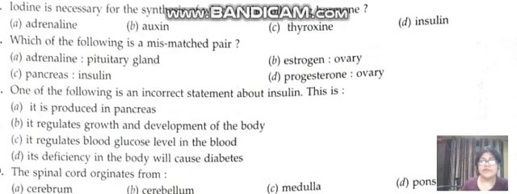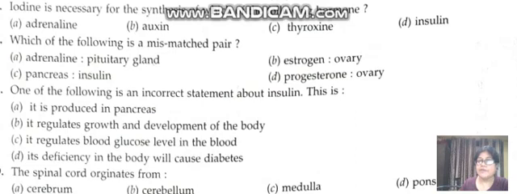Now next question, which one of the following is an incorrect statement about insulin? There are 4 options and we have to tell which one is not correct for insulin. That means the other 3 are right statements about insulin, and the one which is wrong, we have to mark. It is produced in the pancreas. Yes, in the pancreas insulin is secreted. It regulates growth and development of the body. It regulates the glucose level in the blood.